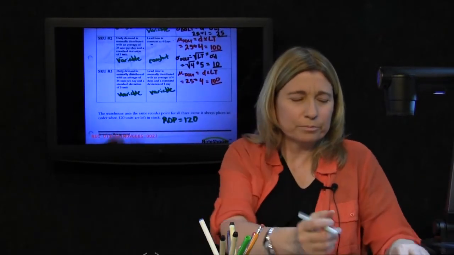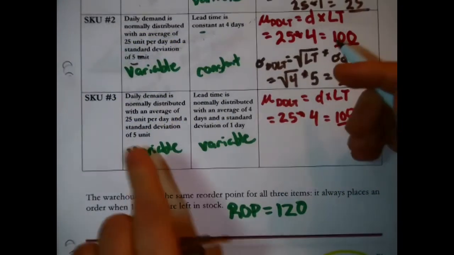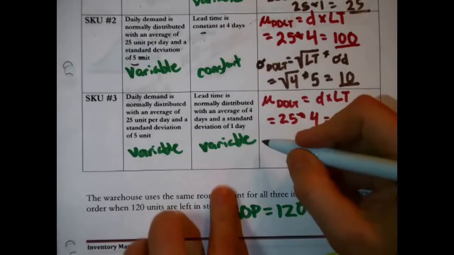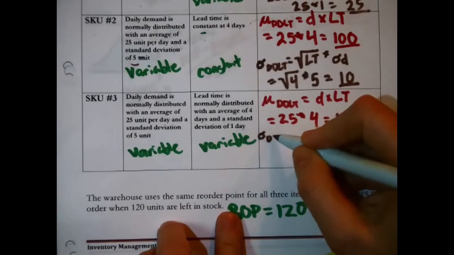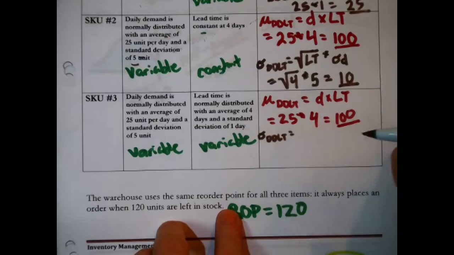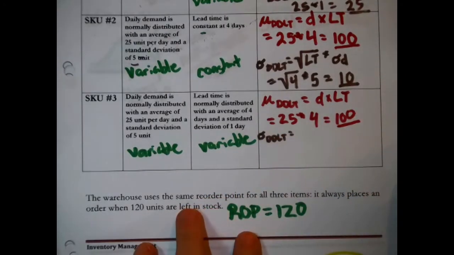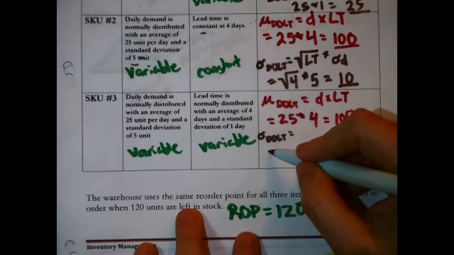The third one has variable daily demand and variable lead time. We still need to calculate then the resulting standard deviation of demand during lead time. But stand by. This is a pretty large formula. First, why don't I write it here?